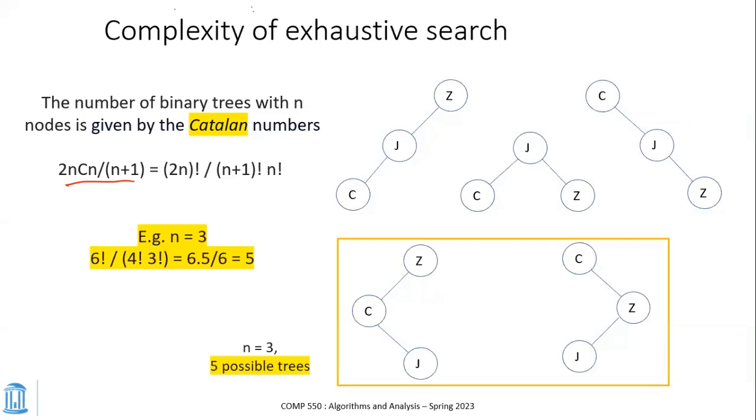What's the complexity of an exhaustive search going to be? Any thoughts? I should give you some hints. Is it going to be polynomial, or when you say exponential, that means that n is appearing as some alpha to the power of n, as opposed to n to the power of some alpha or beta.